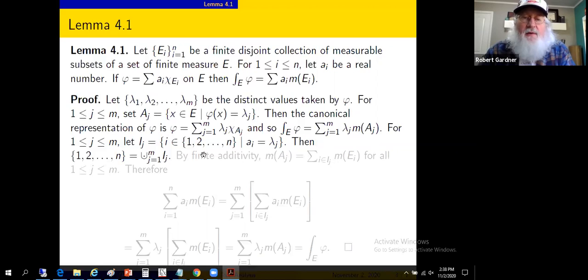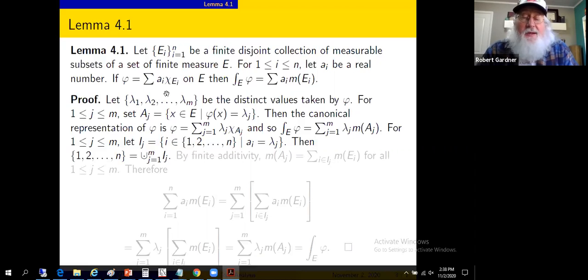Okay, so what we're going to do now is consider sets of indices. For j between 1 and m, remember 1 through m was the number of values the function takes on, let I sub j be the indexes i such that a sub i equals lambda sub j. For example, lambda sub 1 is a function value.